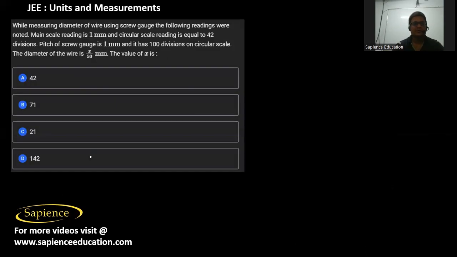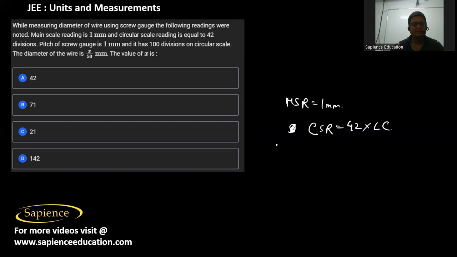Then here it is told, while measuring the diameter of a wire using a screw gauge, the following readings were noted. The main scale reading is 1 millimeter, and the circular scale reading is 42 divisions. So the circular scale reading will be 42 into the least count.